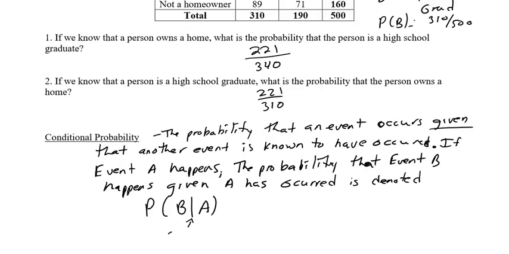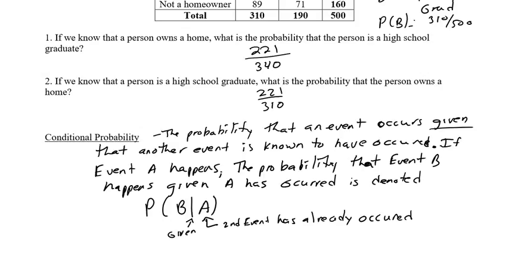The probability of B given A. Now this gives students a little bit of trouble because they're used to reading from left to right. But in this, the second event has already occurred. The one listed second is the one that's already occurred. And we're finding the probability that the other event is going to occur knowing that.